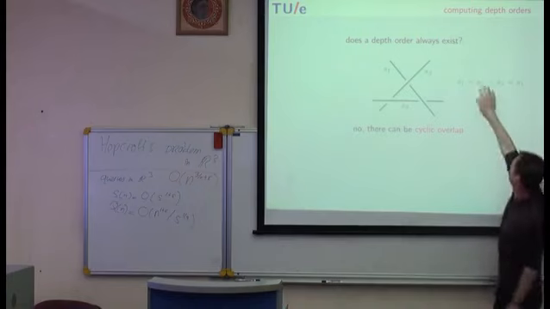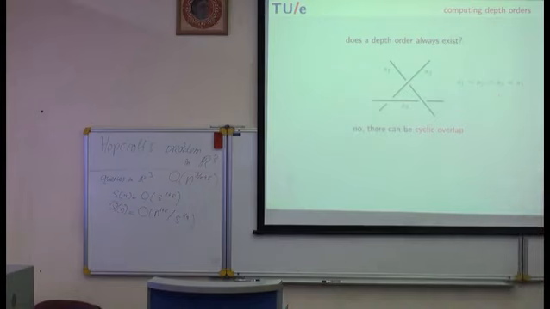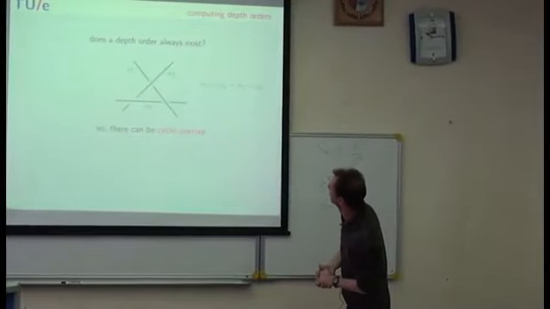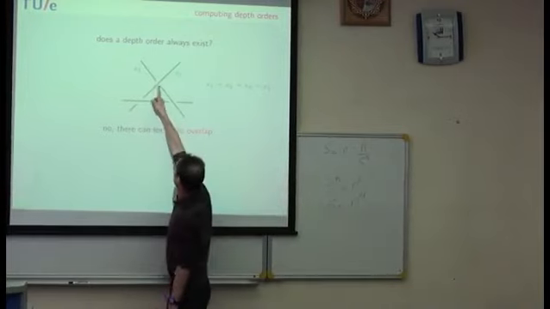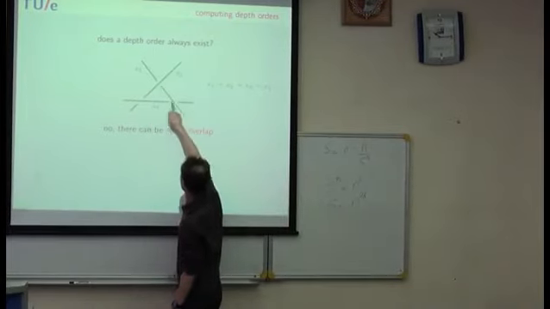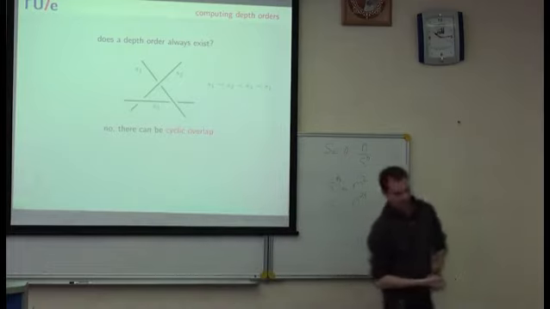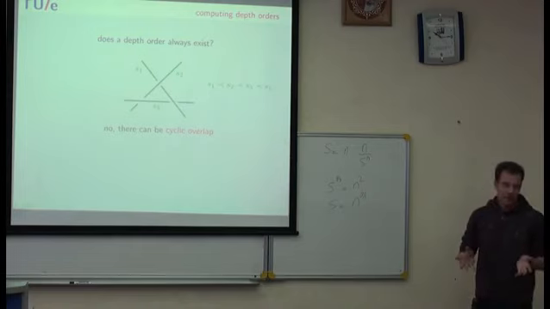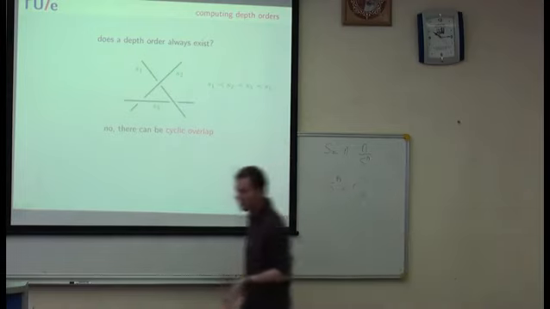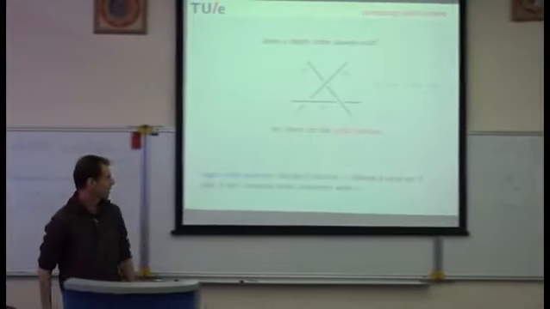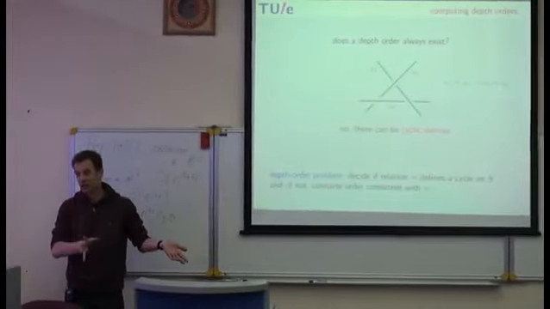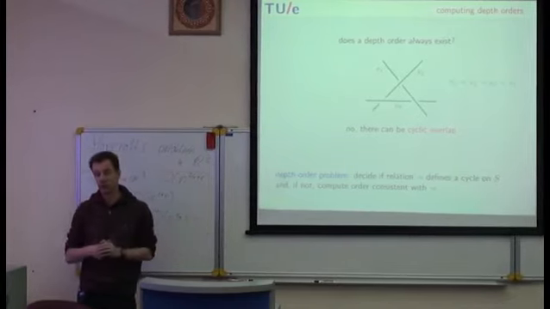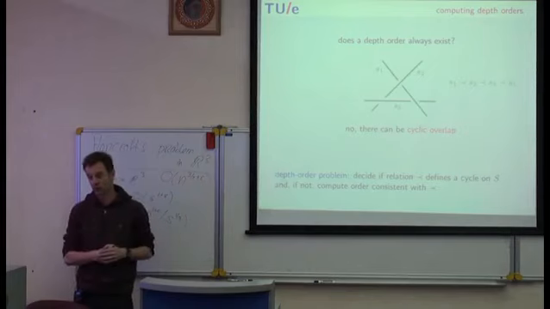So this is a cycle. Okay, so there can be cyclic overlap. So actually the depth order problem is maybe something like: decide if there is cyclic overlap. If so, then simply say, okay, cyclic overlap. Otherwise, compute the depth order.